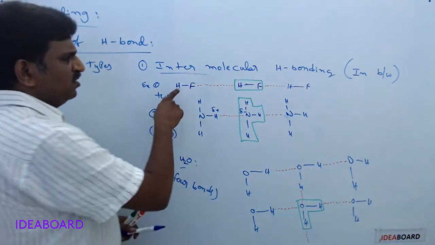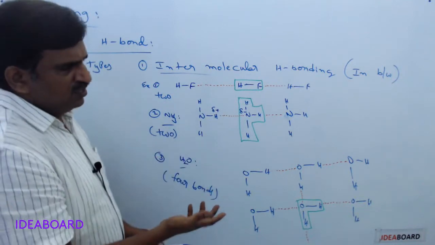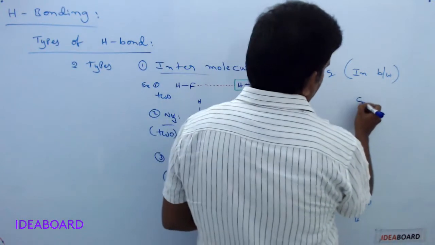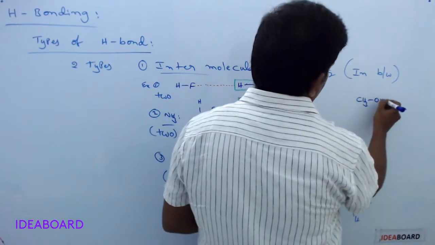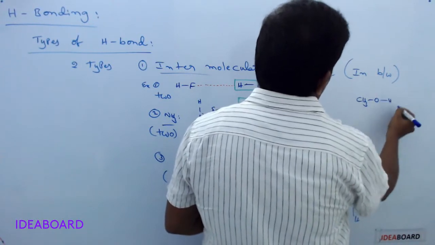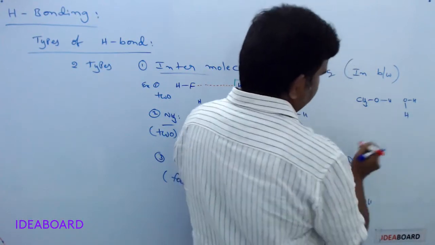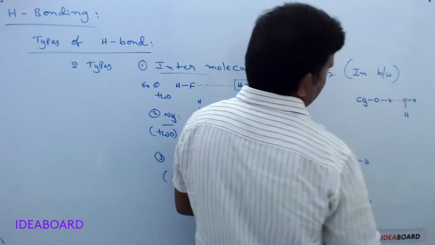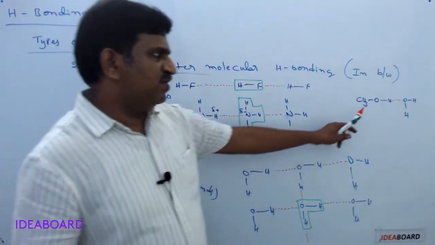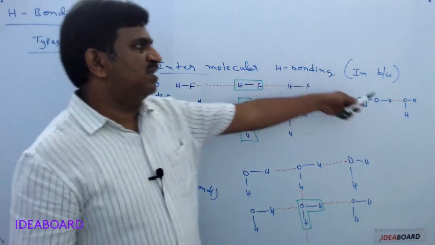And in the intermolecular, these are homo intermolecular. Homo means within the same molecules. If different molecules are there, they can also form. For example, methyl alcohol, I am taking CH3OH. Suppose this is a methyl alcohol and here there is a hydrogen OH, water molecule. Between methyl alcohol and water also there is a hydrogen bonding, and this type of hydrogen bonding is called hetero intermolecular hydrogen bonding.